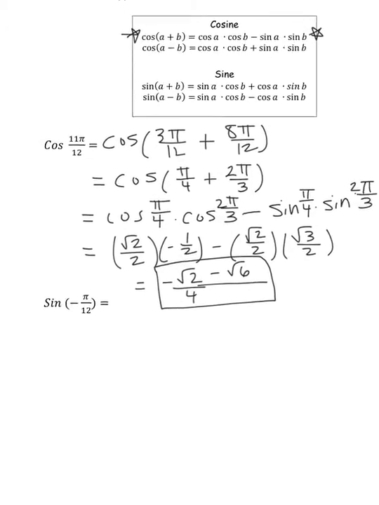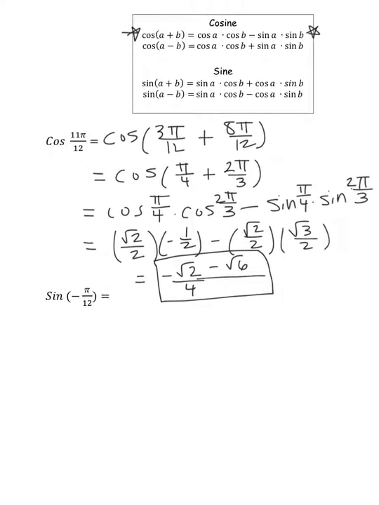Okay, on this next one, I'm going to use the difference formula for sine. And as you do these, you'll notice that with 12ths, we're going to rewrite that as either the sum or difference of fourths and thirds. You'll see that pattern. All right, so sine of negative pi over 12, I'm going to rewrite that as sine of 3 pi over 12 minus 4 pi over 12.